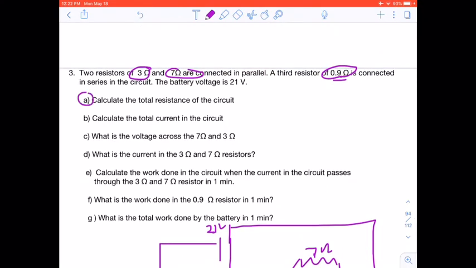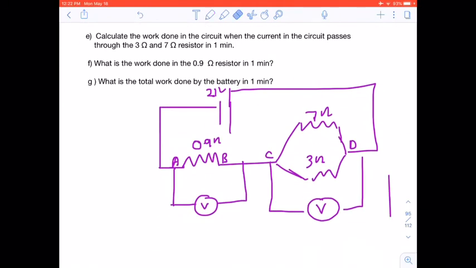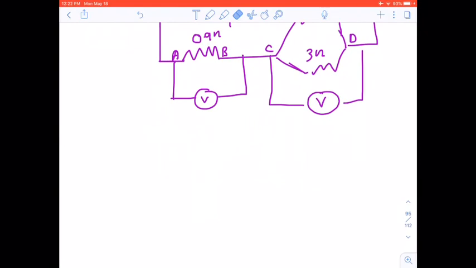So we want to now calculate the total resistance of the circuit. R total would be R across AB plus R across CD.